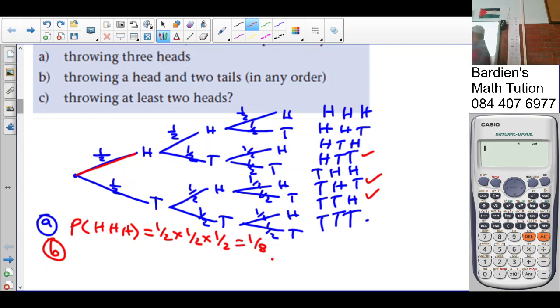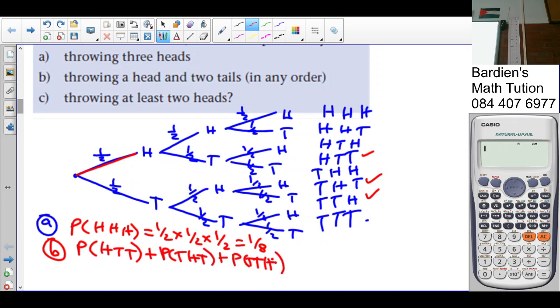So the probability of heads, tails, tails, plus the probability of tails, heads, tails, plus the probability of tails, tails, heads. That will simply be 1 out of 8 plus 1 out of 8 plus 1 out of 8.